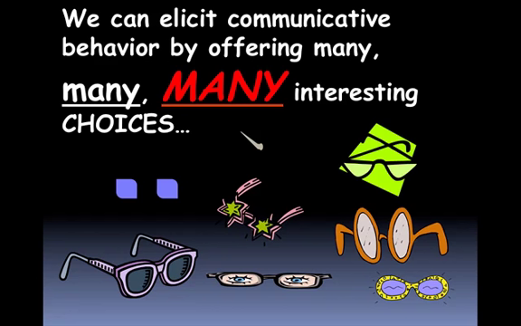There are so many ways that you can provide choices all day long, and interesting choices and varieties of choices without doing a whole lot of extra work. So choices are a wonderful way to start eliciting that communication.